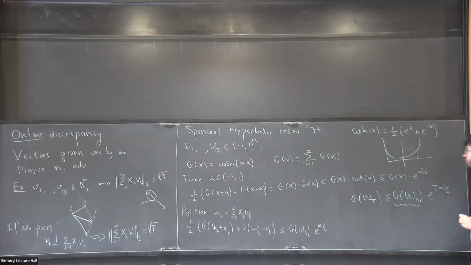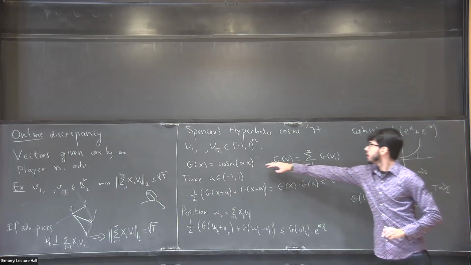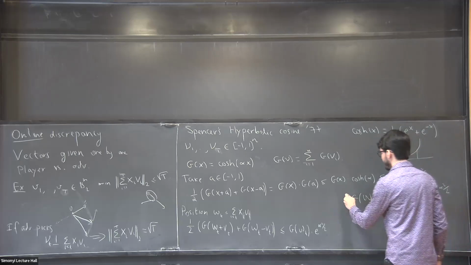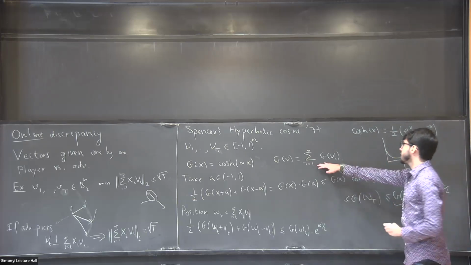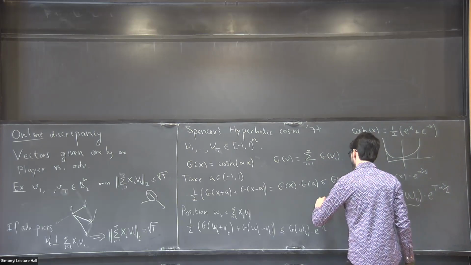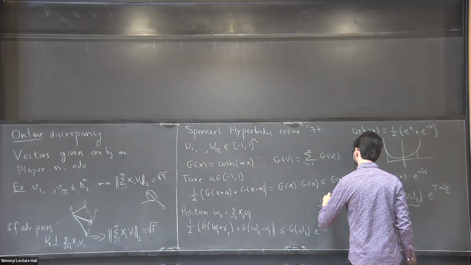This is g of 0, which is n. And if you look at this, well, this is at least the largest coordinate. So you can lower bound this by the exponential of the largest coordinate.